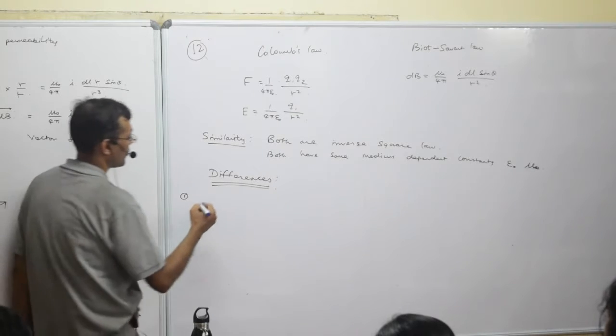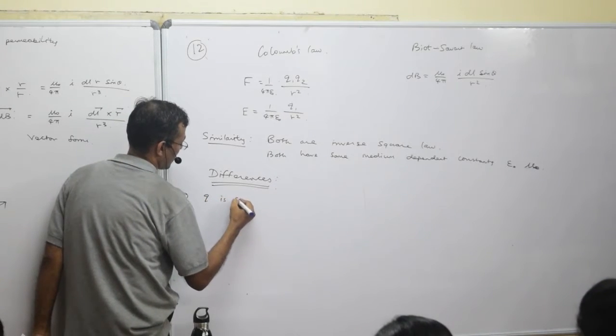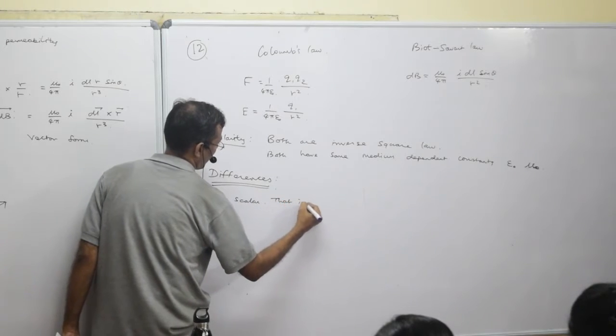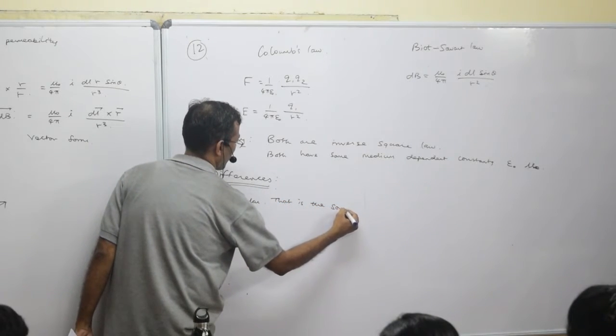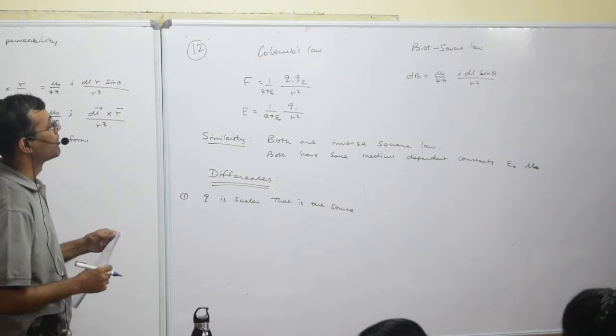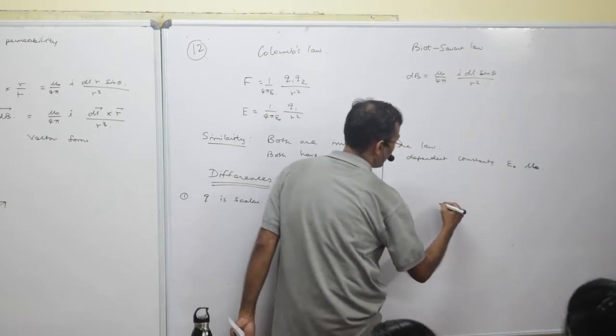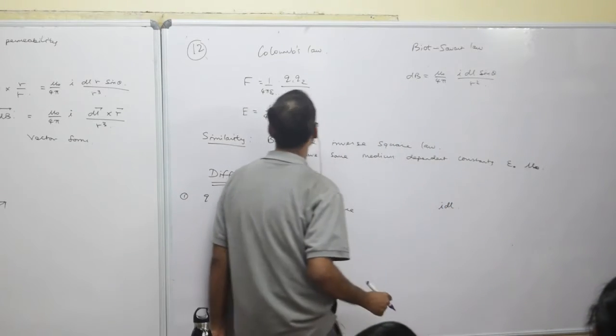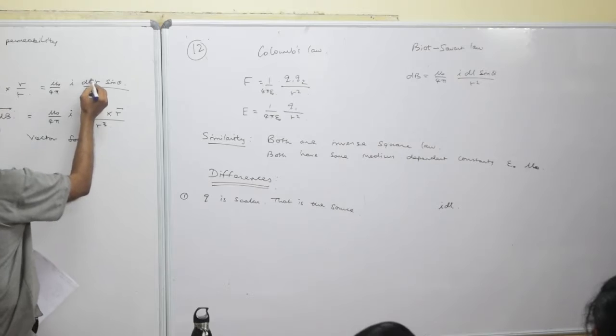Scalar. So Q is scalar. So that is the source. So the charge is what is producing this electric field, right? Here I dl. So here we are going to say I dl.